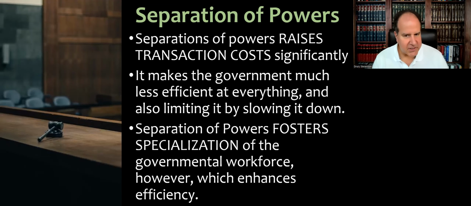And there are downsides to specialization, right? A lot of people would like to be a generalist so that they can adapt to changing circumstances. But the separation of powers does foster specialization. For example, people who have been in Congress for many terms really get used to how Congress works.